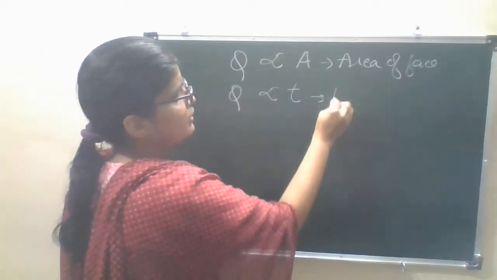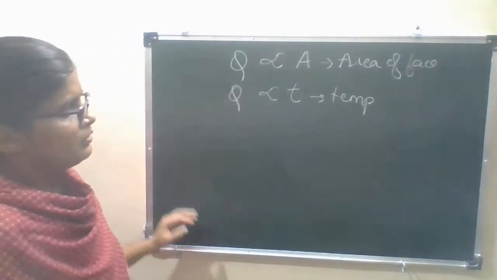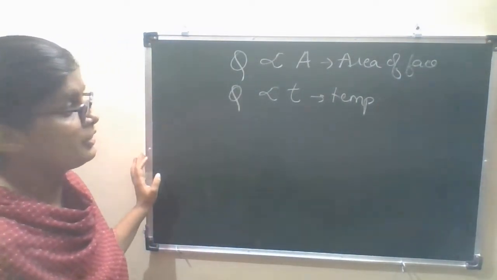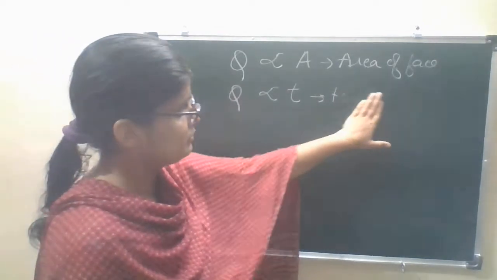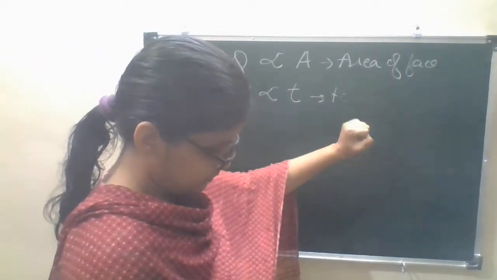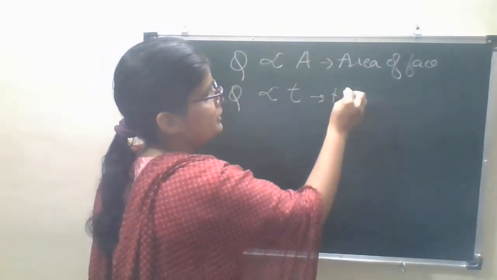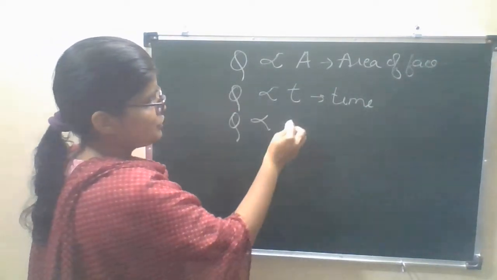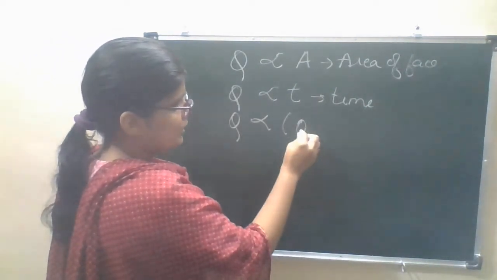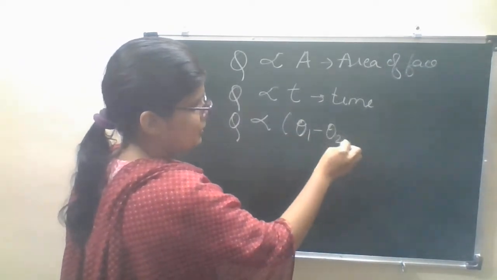What is t here? T is the temperature. Sorry, t is not temperature here. Here t is time. Here it is small t. Okay, Q is also proportional to the difference of temperature, such as theta 1 minus theta 2.